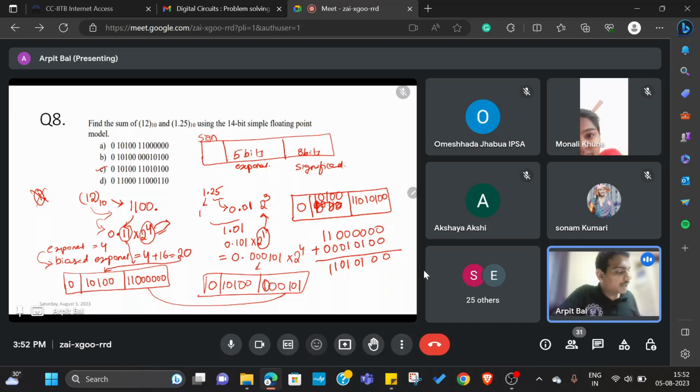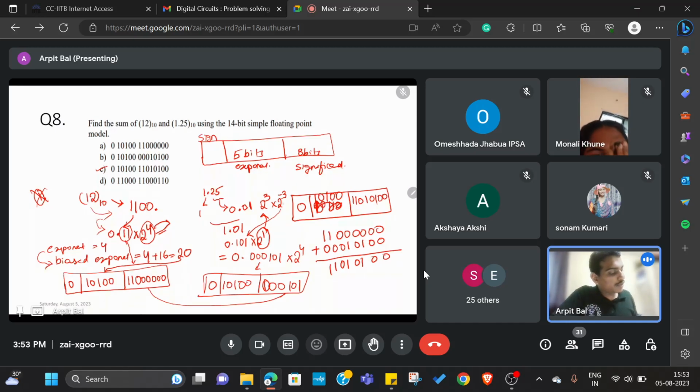But if we multiply it directly with 2 power 3, the complete value of this number changes. So to maintain neutrality, I also multiply it with 2 power minus 3. I multiply 2 power minus 3 to the significand, and 2 power 3 to the exponent. It doesn't change the value of this number.